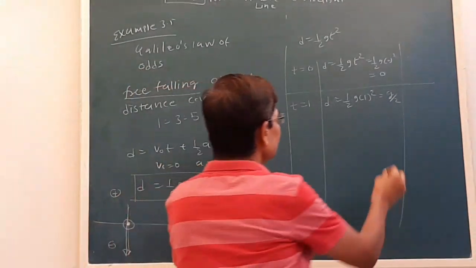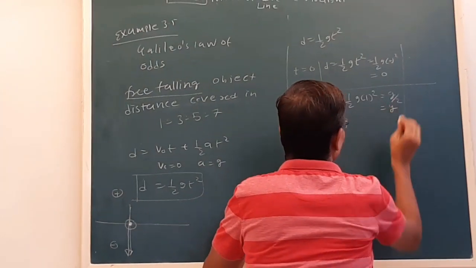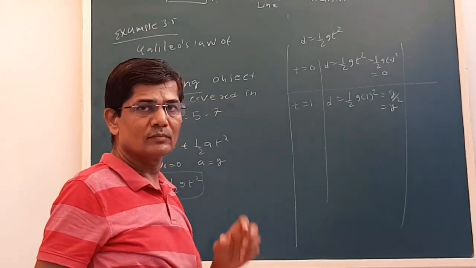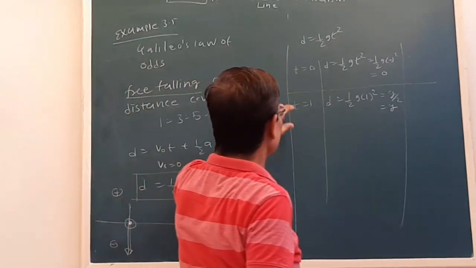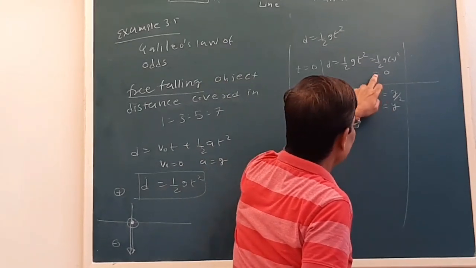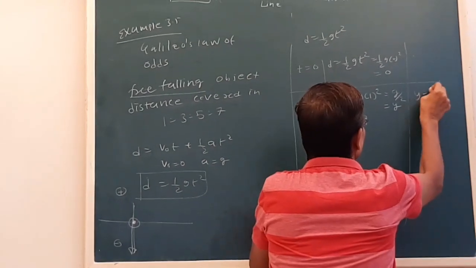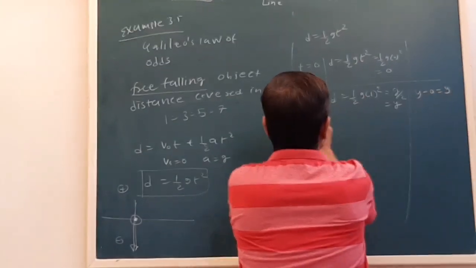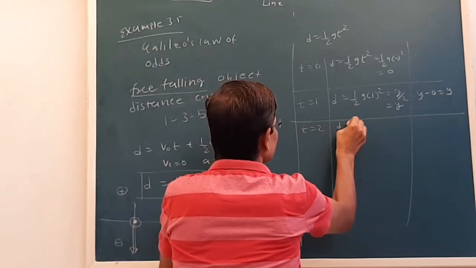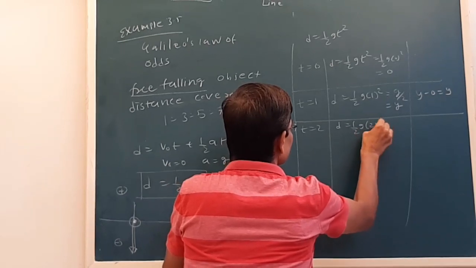We consider this as y. We have to find the distance covered in consecutive time intervals, so between 1 second and 0 second it will be y minus 0, which is y.